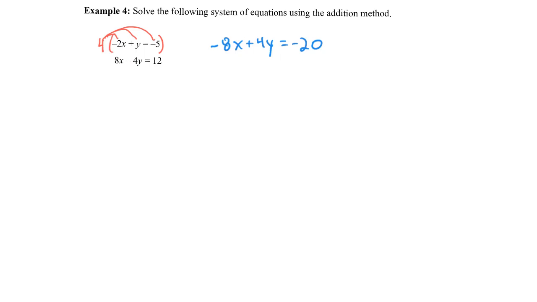And on the bottom one, we've got 8x minus 4y equals 12. So we go ahead with the addition method or elimination method. We add this, negative 8x plus 8x is 0, so that's completely gone. And then we have 4y minus 4y, and that's gone.